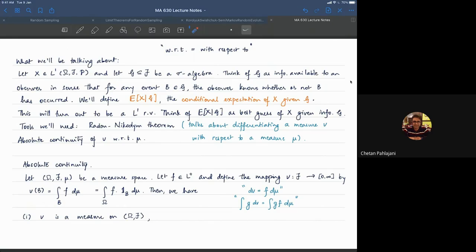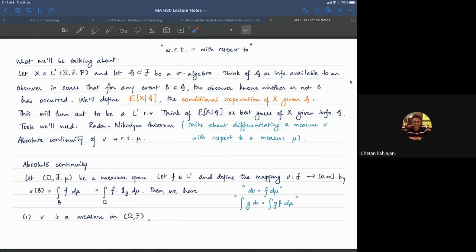Can I say that there is a function f in L+ such that ν(B) is the integral over B of f dμ? Yes or no? The Radon-Nikodym theorem says that under certain circumstances, the answer is yes. And moreover, that f is unique. Again, there's a little caveat because it's almost everywhere.